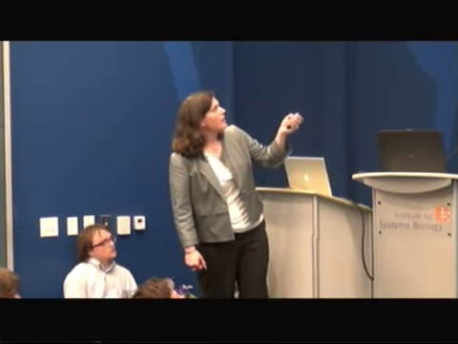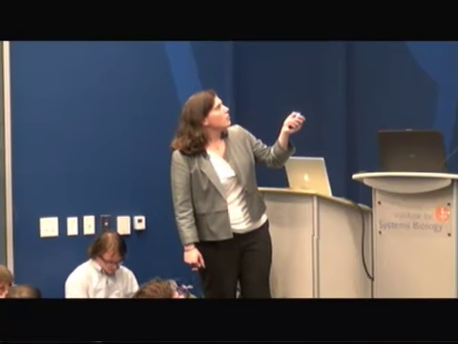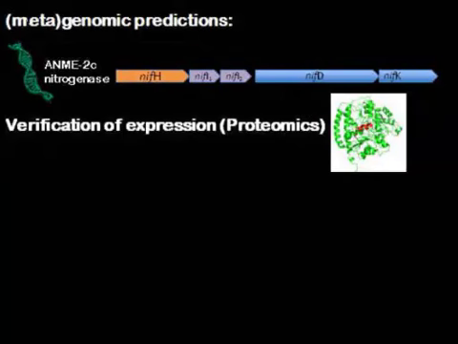Okay, and so I'm going to skip this really quick. And so I'm just going to end by saying that we can use this combination of various omics types of techniques now and really go after very specific hypotheses and bring in these other types of technologies that allow us to begin to pick apart the complexities of microbial communities.